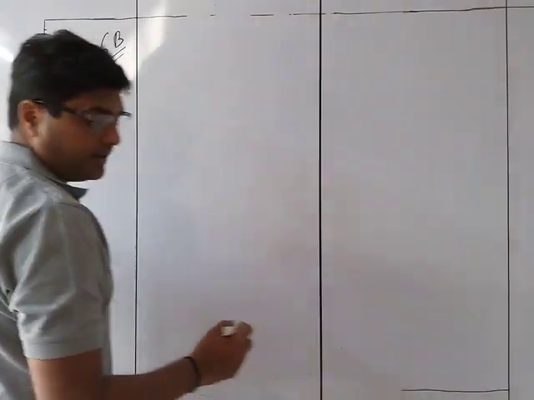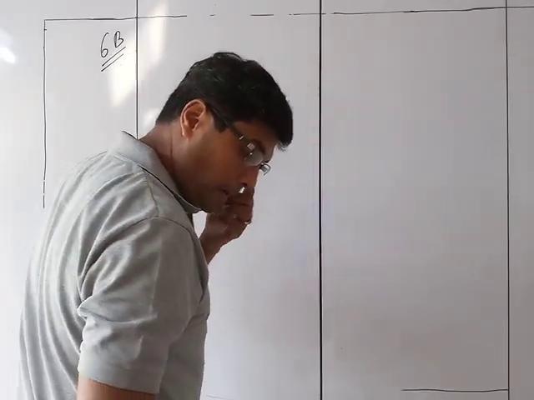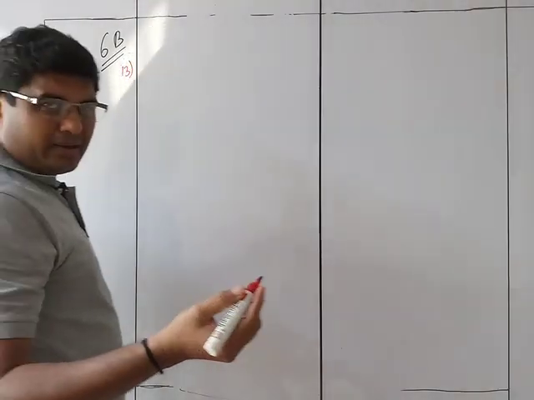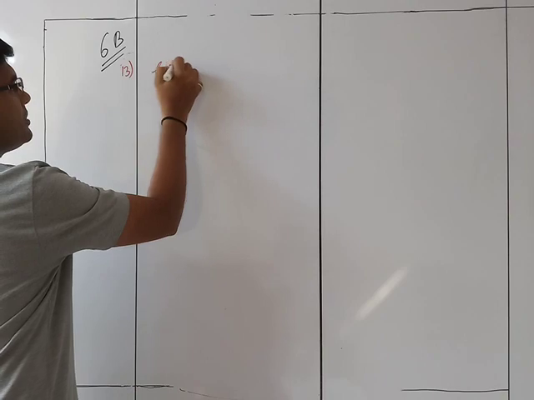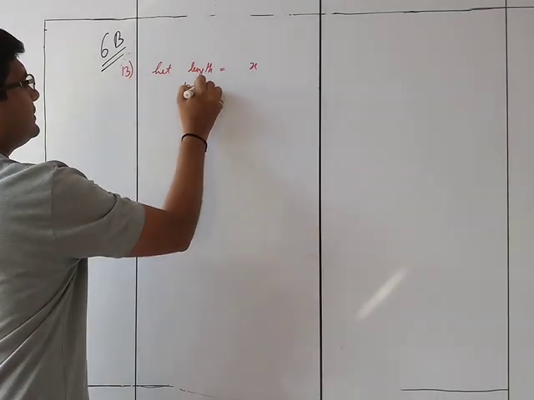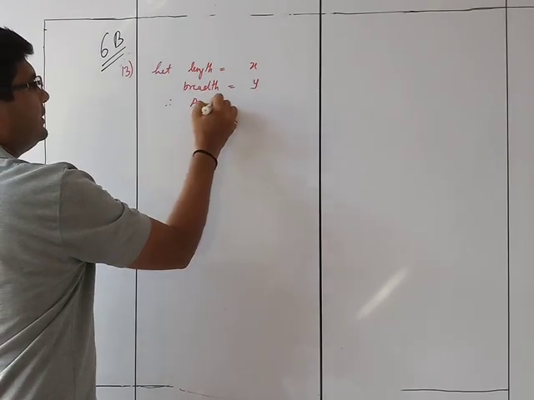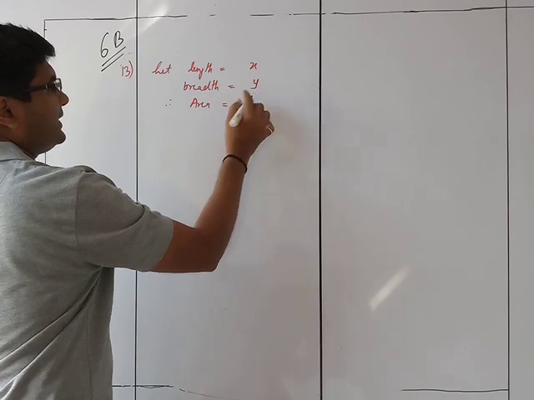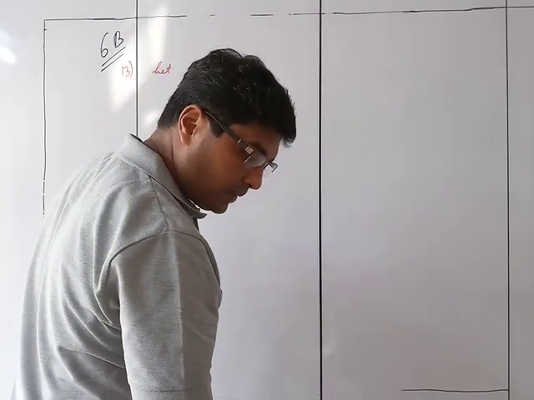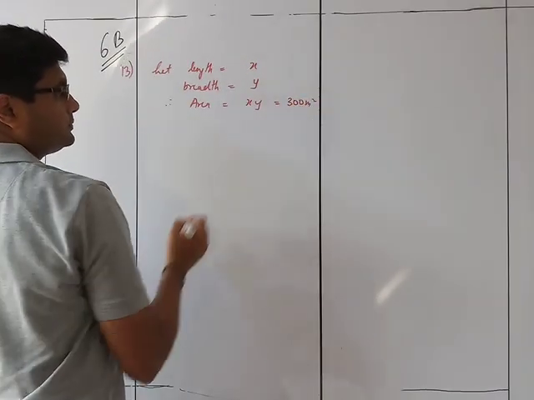So let's take it this way, that here we'll have to take two variables, better. So let length is equal to x, breadth is equal to y, therefore area is equal to xy, which is given as 300 meters square.